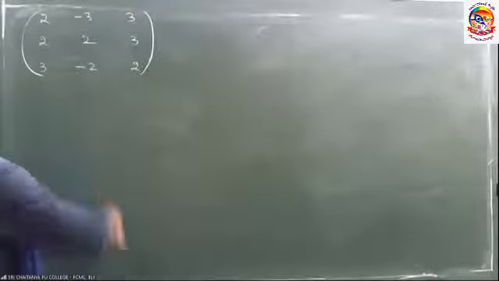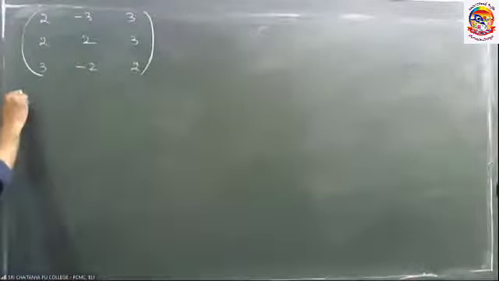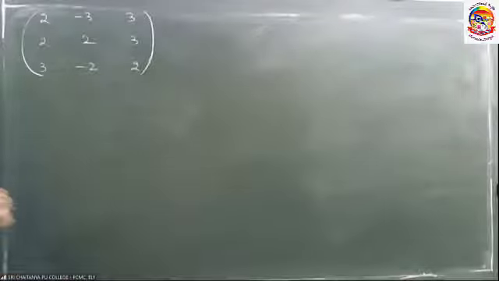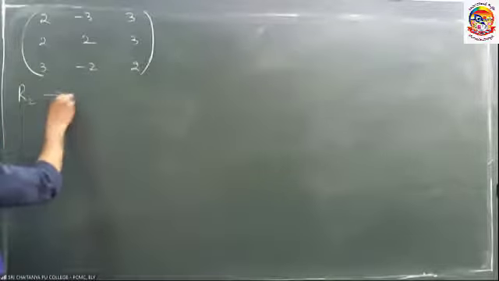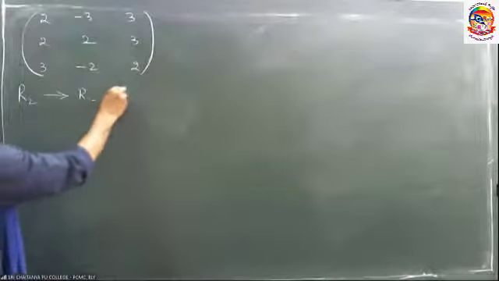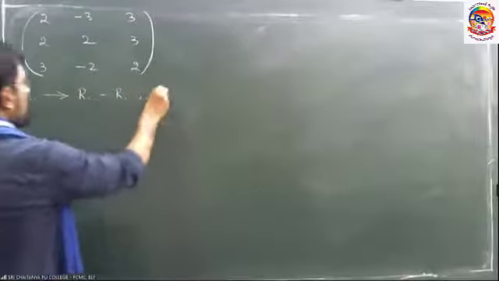Yes, observe. There is no government order to do it only in my method, but the steps which you are writing should be correct. Observe. R2 changes to R2 minus R1.